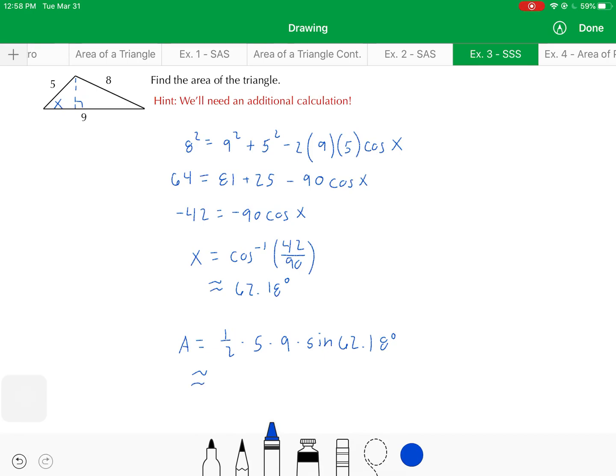Okay, so 1/2 times 5 times 9 times the sine of the previous value, 62.18, should give us around 19.90 square units.